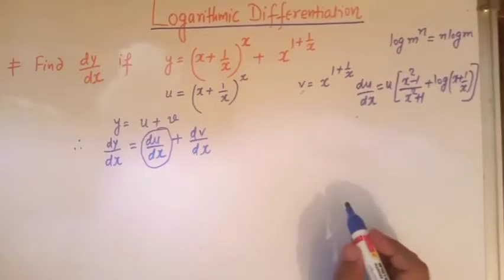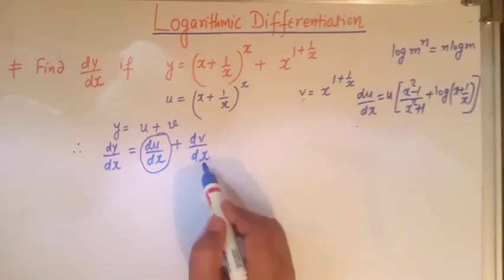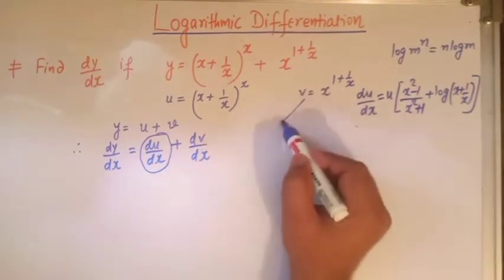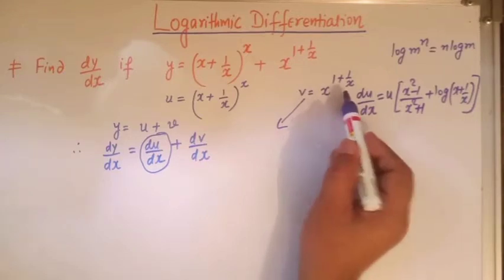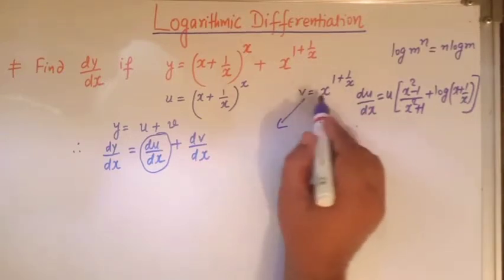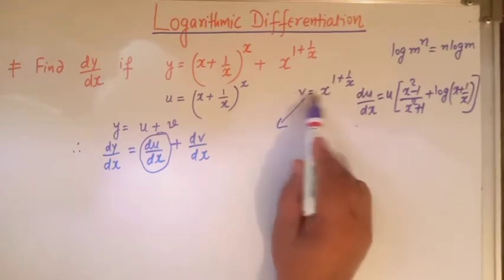Okay. Now viewers, let us find the derivative of v with respect to x. So let us take v is equal to x^(1 + 1/x). Now we'll again make use of the logarithms. So we'll take the log of both sides.